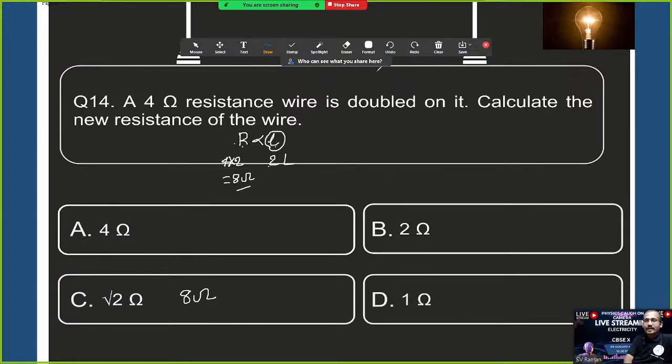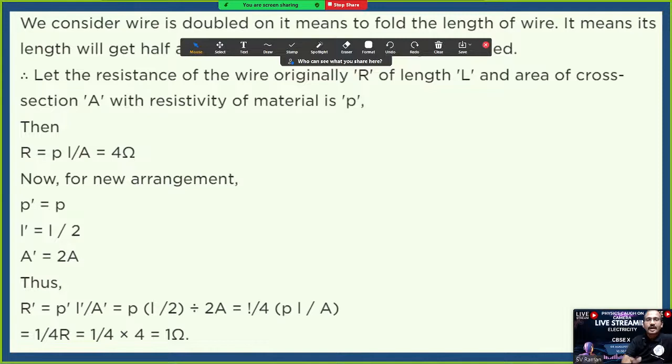We will see how to solve this type of question, which is the most confusing question in the CBSE board. You know that R is equal to rho into L by A. The resistance value is 4 ohms. Wire doubled doesn't mean that resistivity changed.